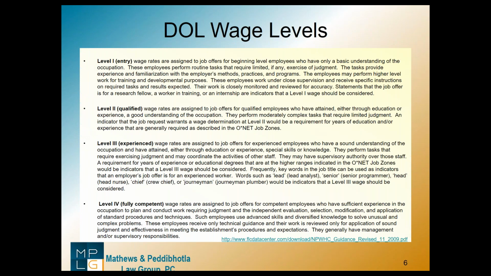So this is a DOL wage level. In the past, we would get your initiation worksheets, we'd see the wage, we'd just select the wage level based on what came to us, and for the most part, everything was fine. In the last year, the approach has completely changed.